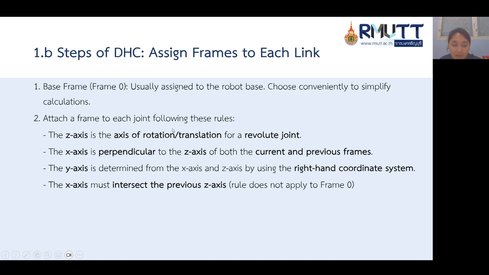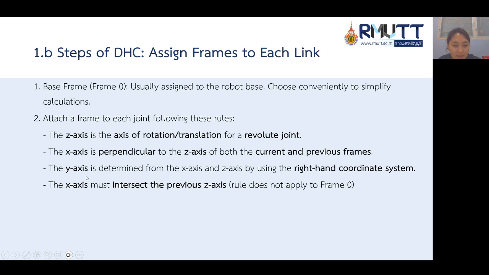And then the second, attach a frame to each joint following these rules. The first, the z-axis is the axis of rotation or translation for a revolute joint, and the x-axis is perpendicular to the z-axis of both the current and previous frames.